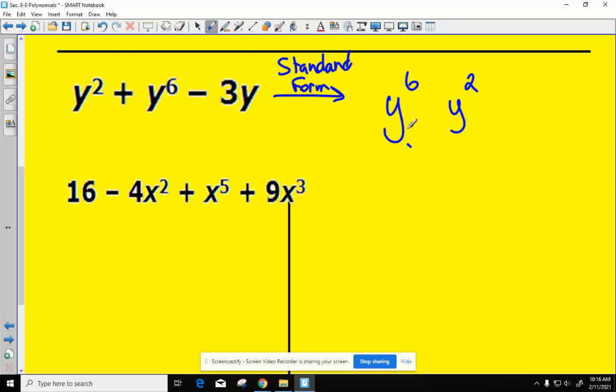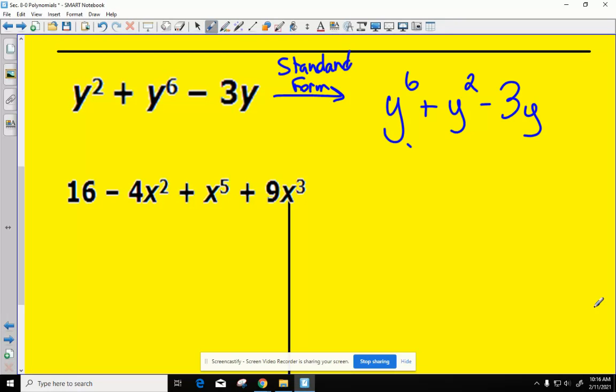Because the first number is positive. Okay. And then minus 3y. This has 1, 2, 3 parts in it. So I would call it a what? A trinomial. 3 parts. And its degree? 6. So I would call it a 6th degree trinomial.